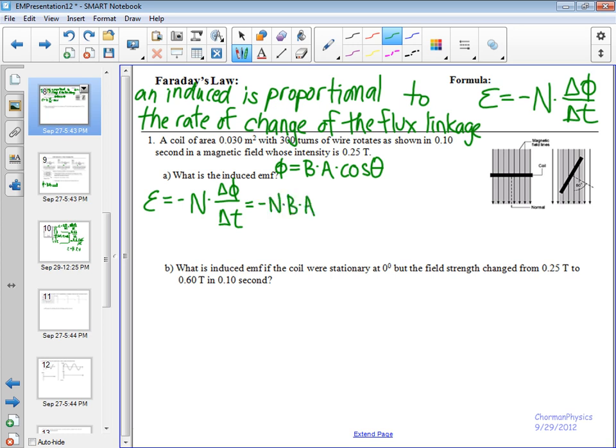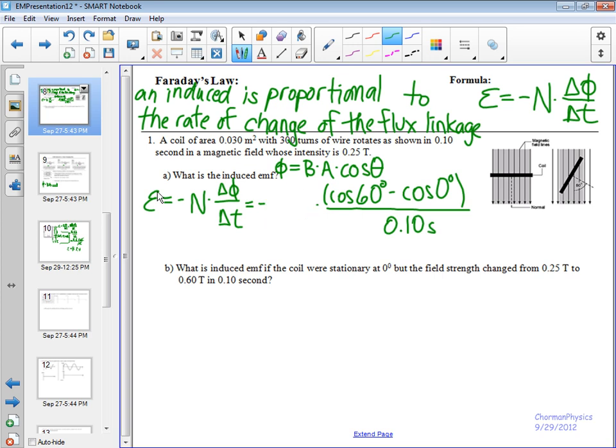Negative N times B times A, times cos theta final, which is 60 degrees, minus theta initial, which is 0, all over delta t, which is 0.10 seconds.